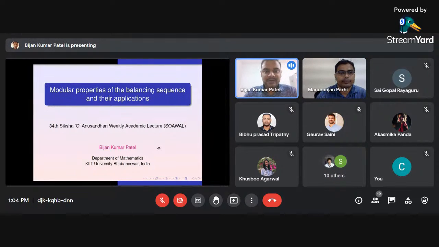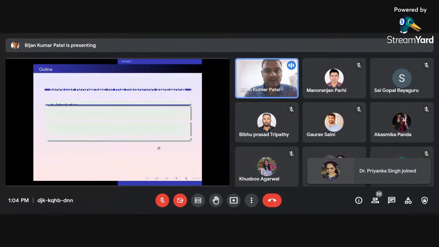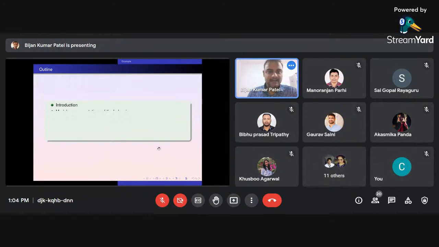So the title of my talk is Modular Properties of the Balancing Sequence and their Applications. The outline of my presentation is to introduce the balancing sequence, and after that we'll discuss why the researchers are interested in these sequences, and we'll talk about some fascinating properties of this sequence.